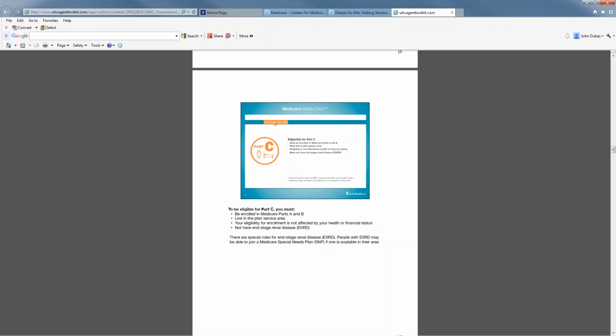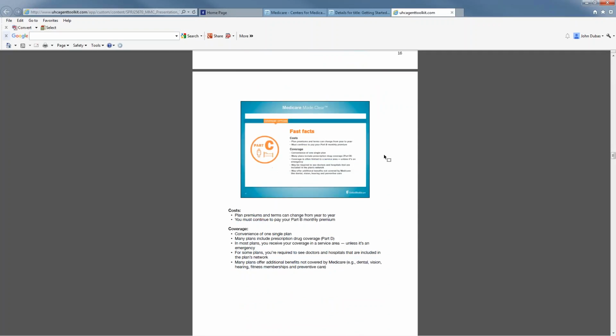That is the only health condition that would keep you out of the programs for most circumstances, because there are some special rules for ESRD. Some of them might be available for coverage with ESRD through a Medicare Special Needs Plan, a chronic SNP, if there's one available in the area in which a person resides.